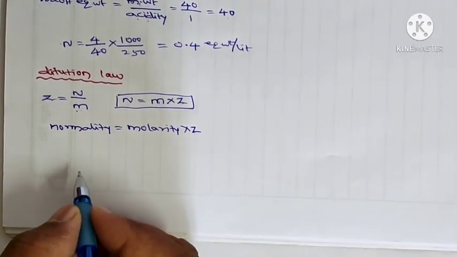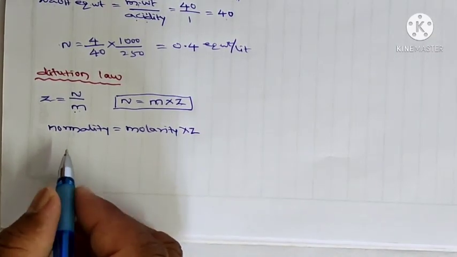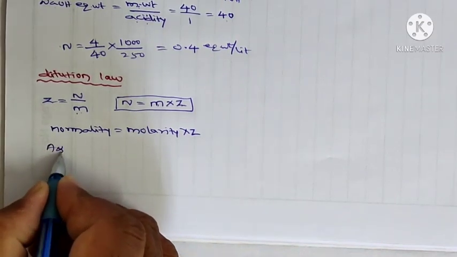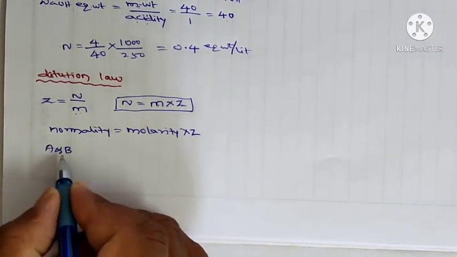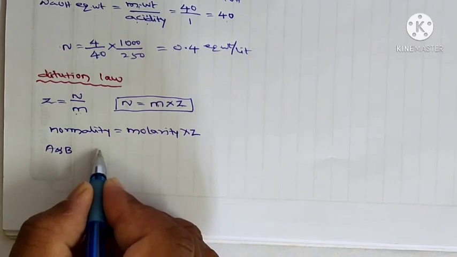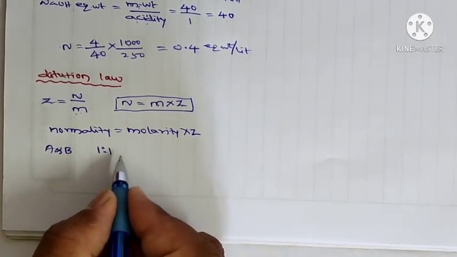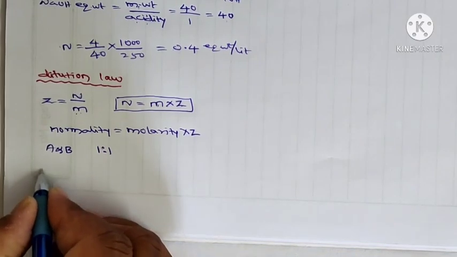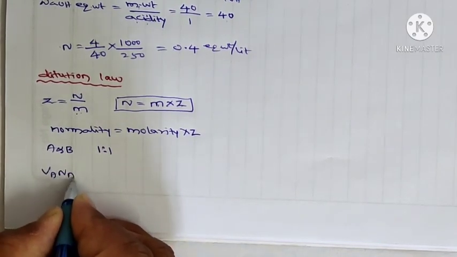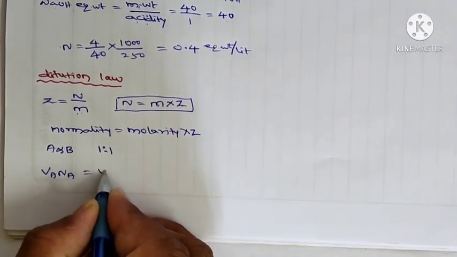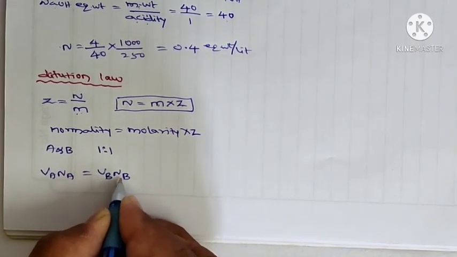If there are two substances A and B that react in a 1:1 ratio, then we can write VA is equal to VB.